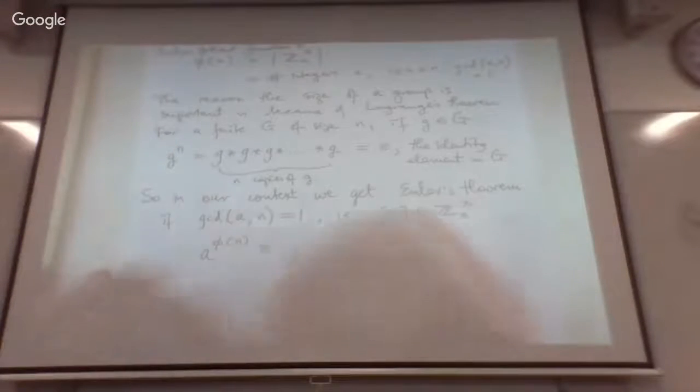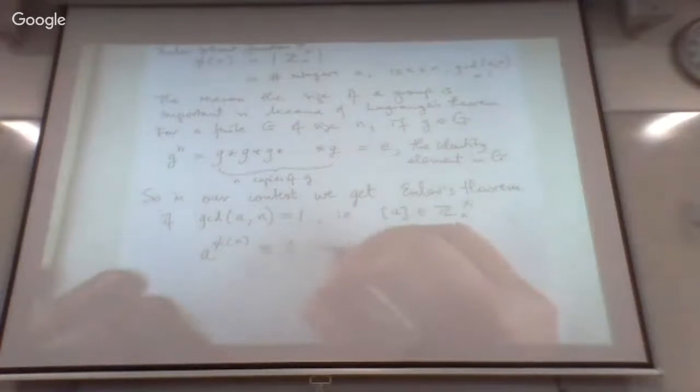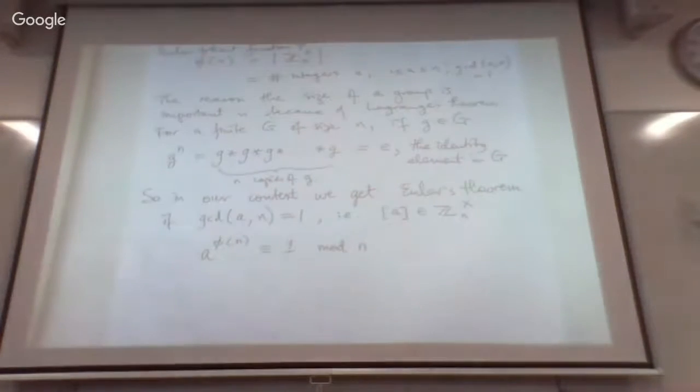So in other words, a to the power phi of n will be congruent to 1 modulo n.